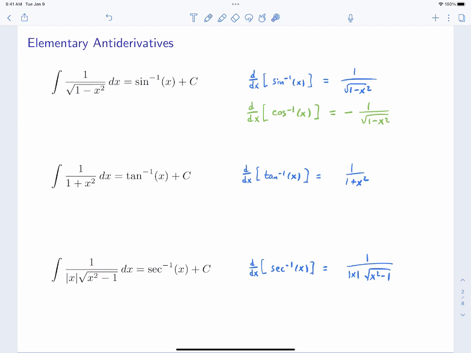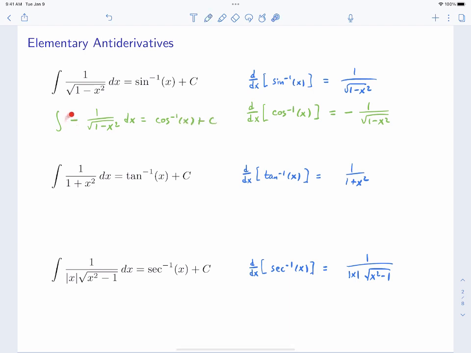So you have the same result as for inverse sine but with a minus sign. So the corresponding rule for antiderivatives would be the integral of the opposite of 1 over the square root of 1 minus x squared dx is equal to inverse cosine of x plus some constant.